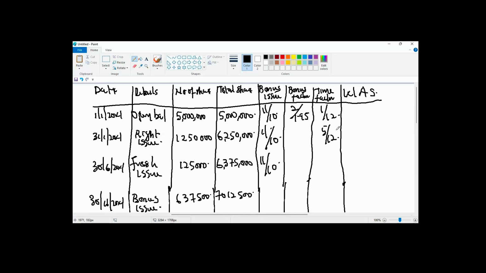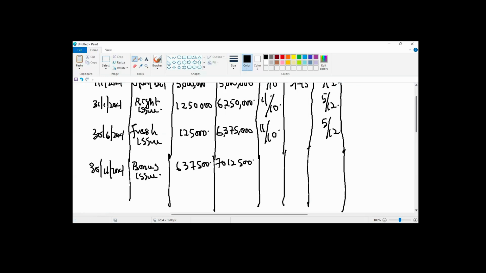From 30th of June to 30th of November: July, August, September, October, November. It's 5 months. Then November to the year end, December, 1 month.